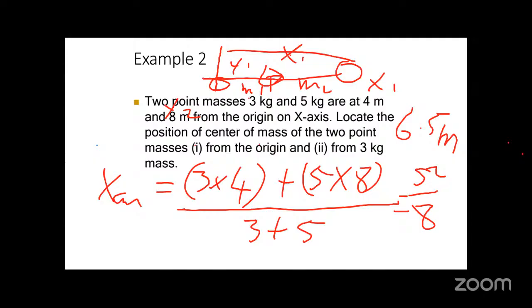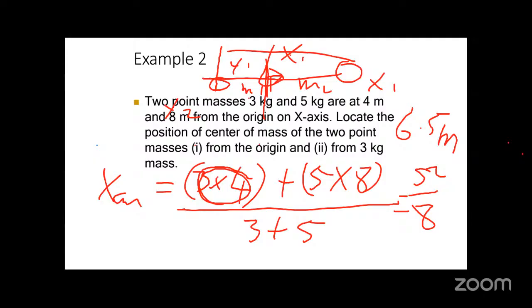If we move the origin to this point, it means that we have cut off 4 meters. So the first mass is at the origin, which means the first mass will not have distance. So the first mass is at 0. The mass times 0 will be 0.